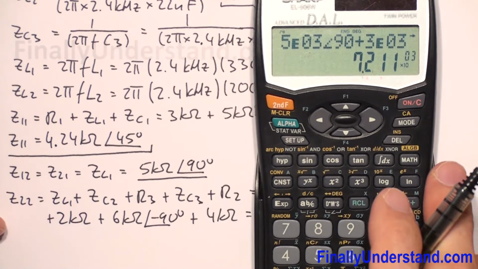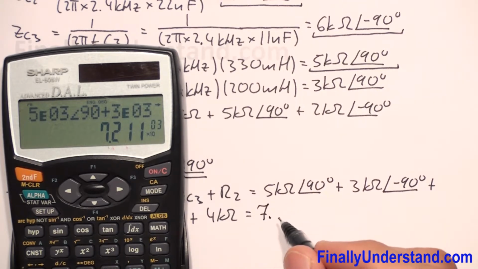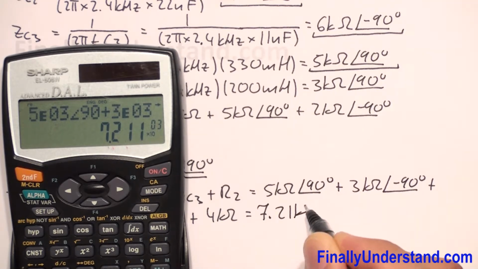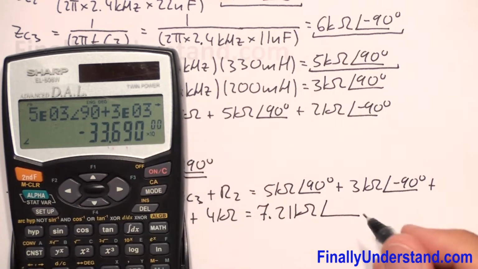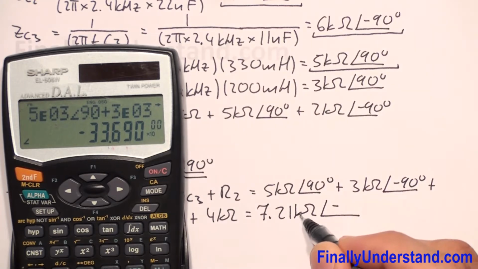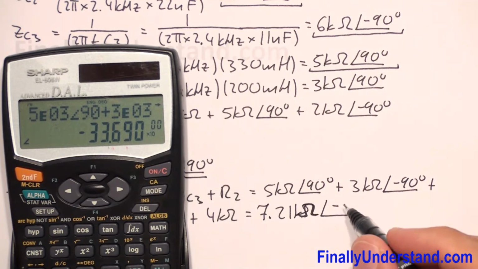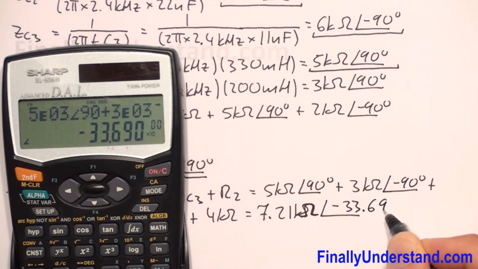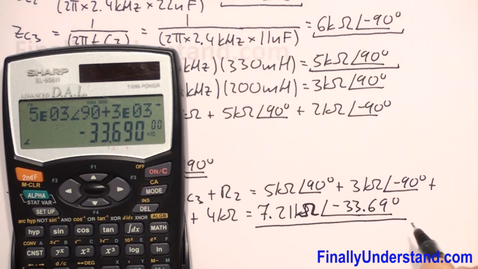This is equal to 7.21 kilo ohms and an angle of negative 33.69 degrees. So this is my value of Z22.